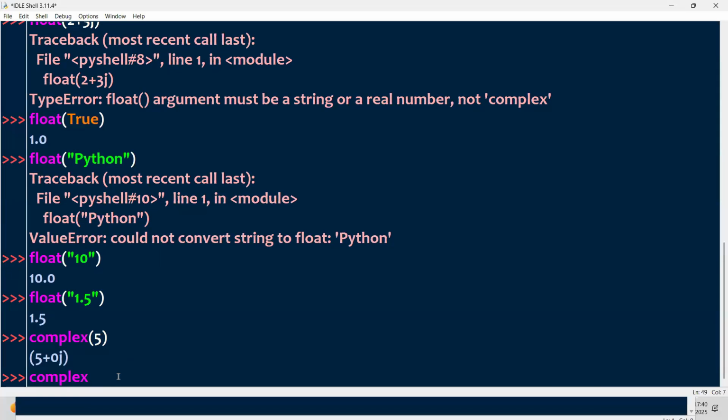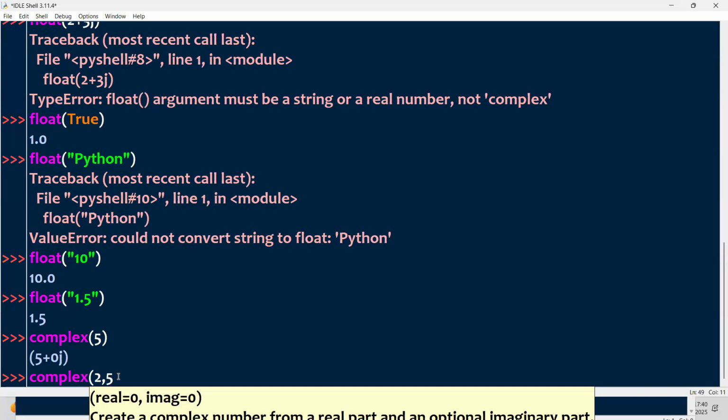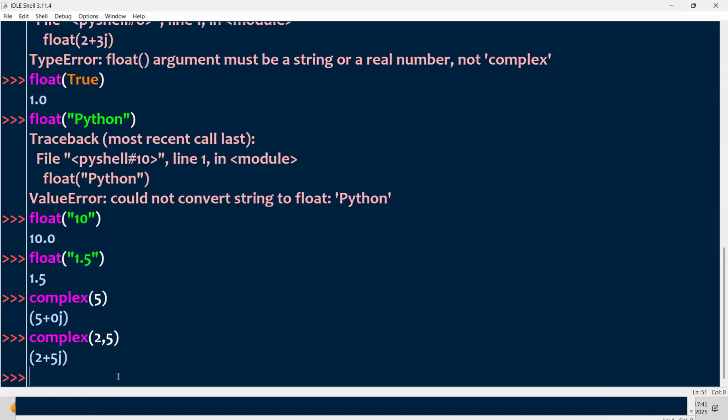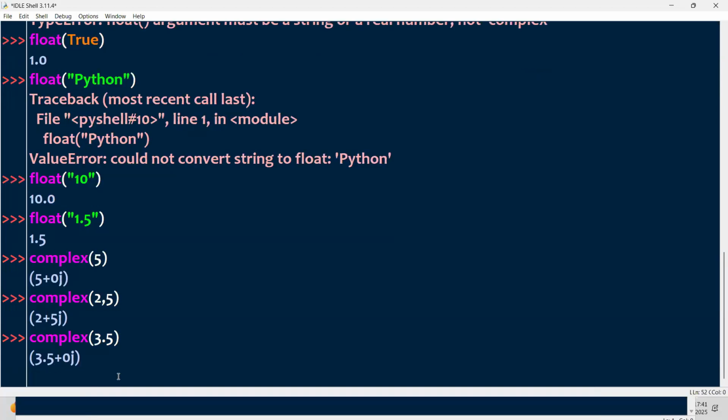Next, tell me, can we convert this one? Yes. Okay. You try to use the float values also like this. But you can also try with booleans also.